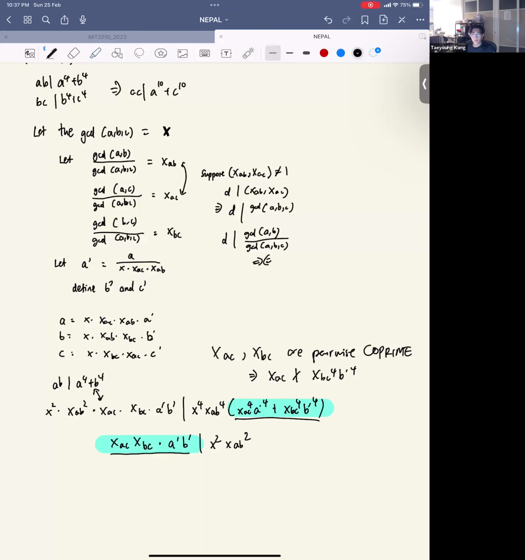So the left hand side cannot divide the bright blue stuff. And similarly, as you define, A prime and B prime are pairwise coprime.